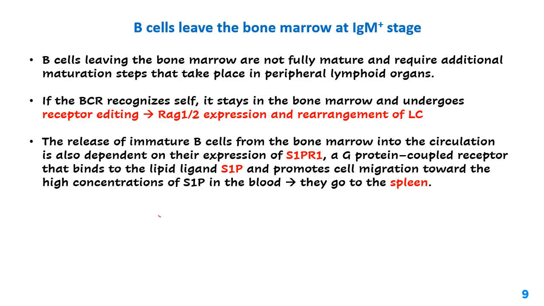So the cell here is in the bone marrow. It has a proper B cell receptor. It passed selection, so now it starts to make this receptor that is called the S1PR1. And as time goes on, it gets more and more expression of this receptor.